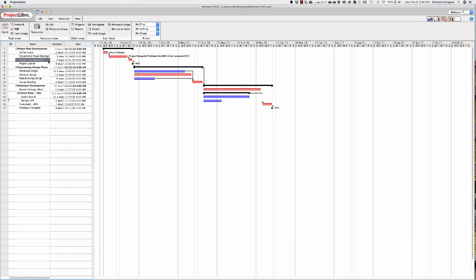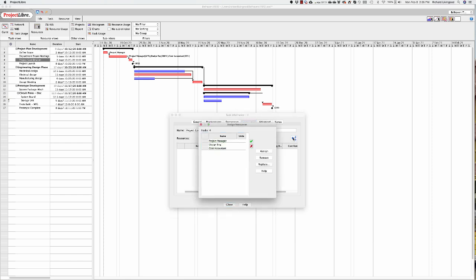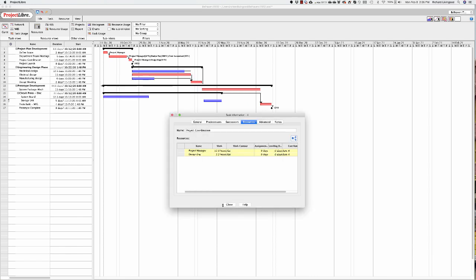So let's assign resources to the project coordination task. We'll open it up and go to resources, and we're going to say the project manager is going to be 100% of their time. Each design engineer is going to work about 25% of their time over the 2 days, because they don't have to do the extra work.